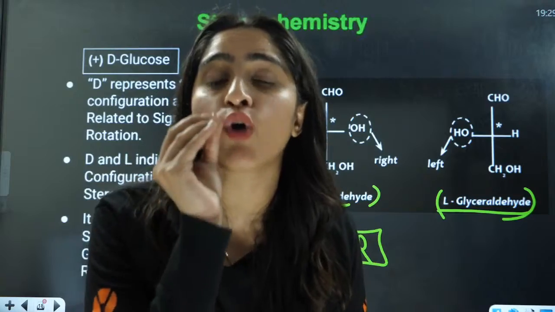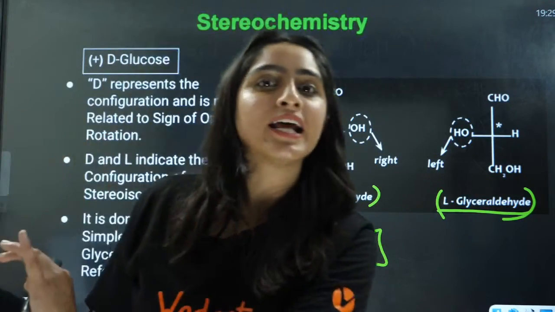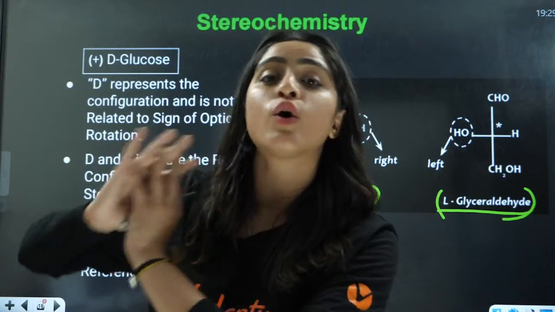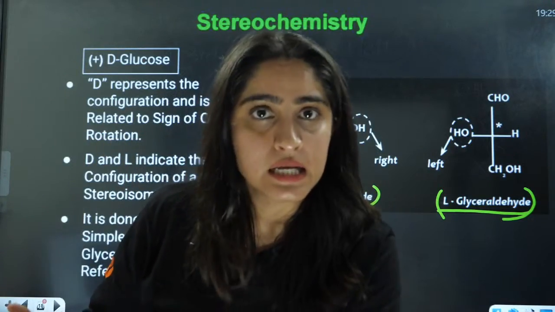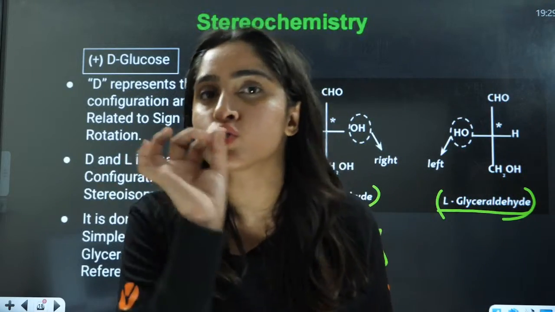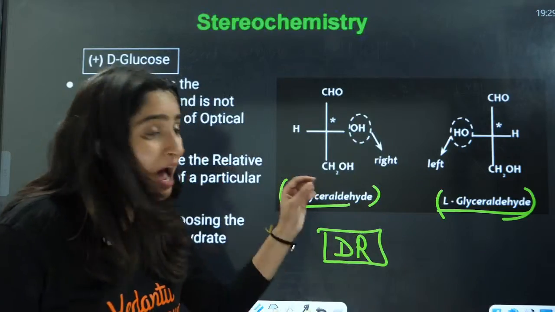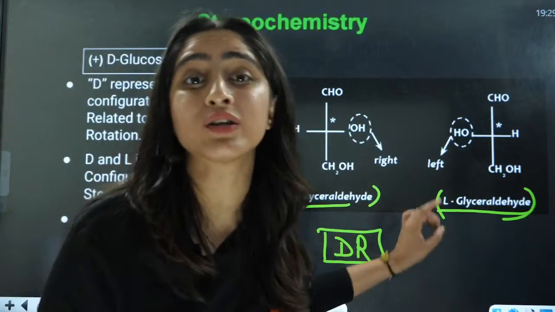I am talking about the configuration, capital D and capital L. It has no relation with optical isomerism or optical rotation, whether it's anti-clockwise or clockwise, no relation to small d or small l. Capital D means the OH on the last chiral carbon is on the right side.